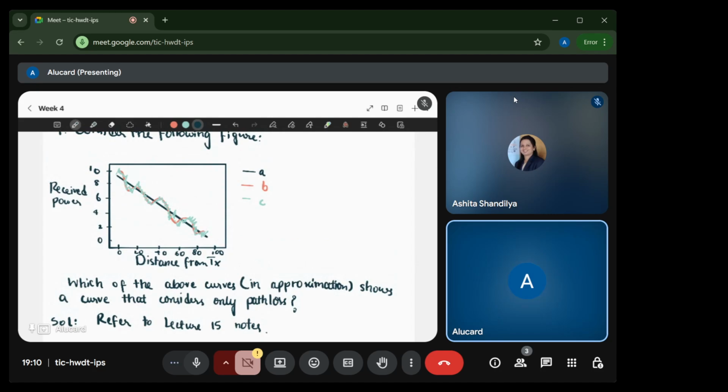Here you can see the path loss is just a straight line, and the pink color line shows the effect of large scale fading, large scale effects, and the blue color line, which varies very fast, is the small scale effects.